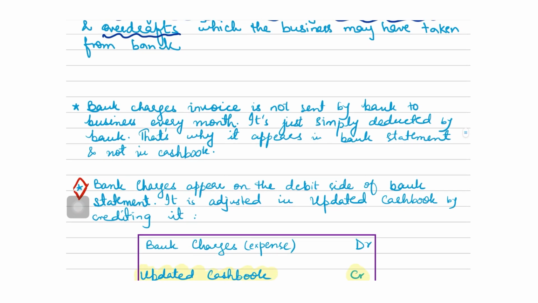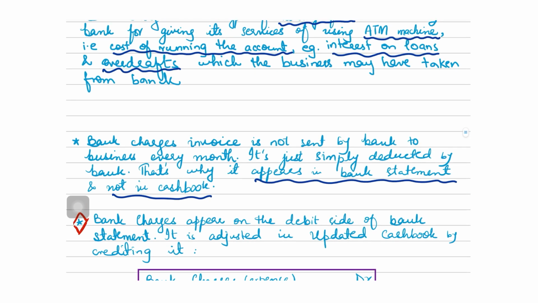So when do we come to know about it? We are not sent an invoice every time for such expenses. Rather, we come to know when we are comparing our cash book with the bank statement. That is why it appears in the bank statement but not in the cash book. But since now we know that this is an expense deducted from my bank account, I have to adjust it in my updated cash book.